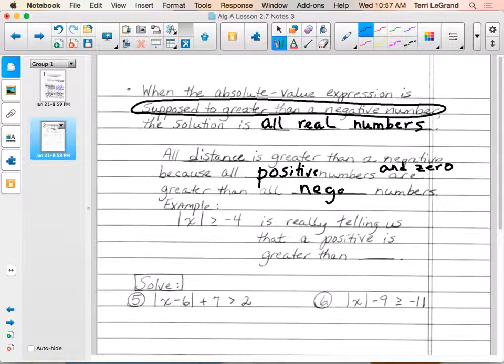So I don't care what the negative number is over there. All distance is greater than any negative number you choose. Because distance is positive, all the positive numbers are greater than negatives. Distance can be 0, and 0 is greater than all the negatives.